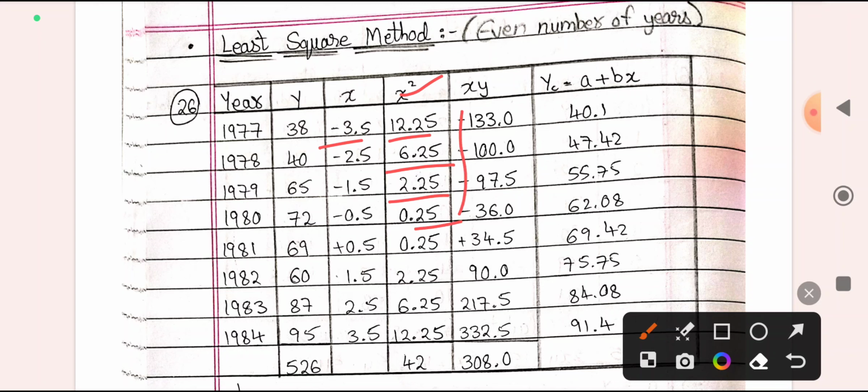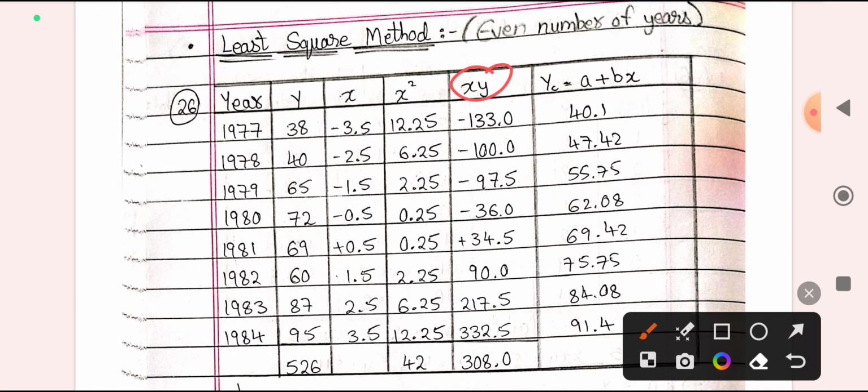Same, these values will be repeated here: 0.25, 2.25, 6.25, 12.25. You can check the calculations and add all these things, it is 42, we call it sigma x square, right?